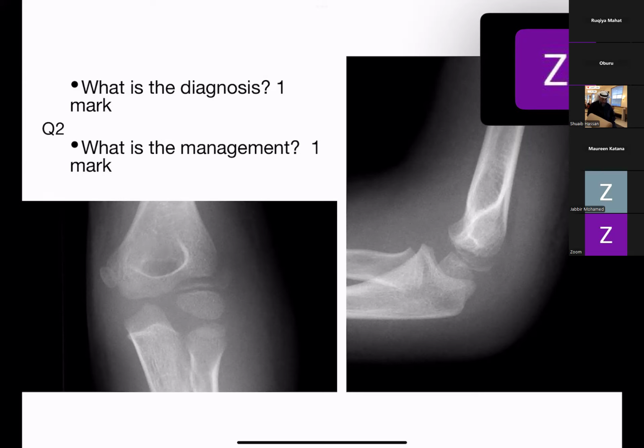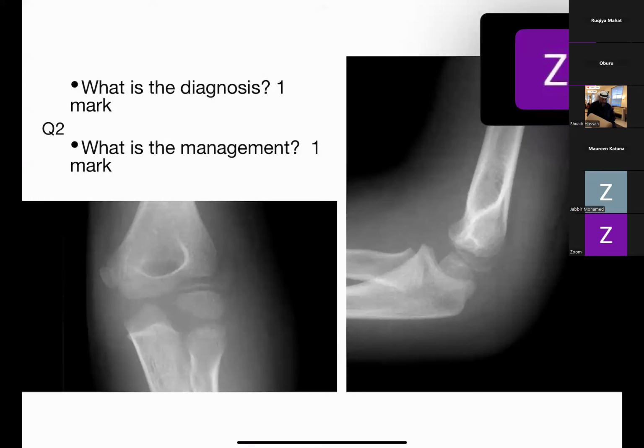In the mnemonic, we say the capitellum, the radial head, the internal epicondyle, the trochlea, the olecranon and the external epicondyle. That will tell you, depending on the age, which areas of ossification have appeared. But if you're stuck, you just Google. It's a bit tough, though, I agree with you.